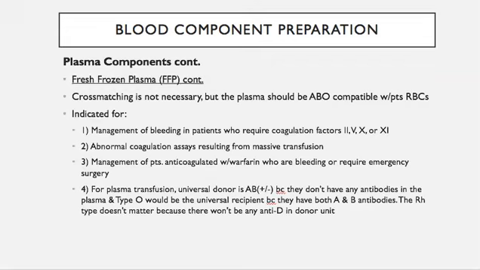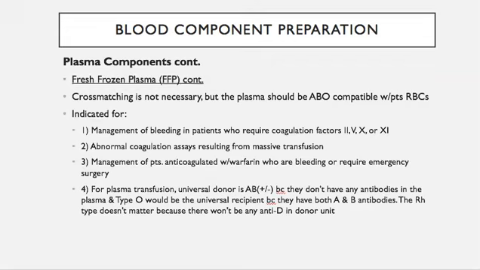FFP is indicated for management of bleeding in patients who require coag factors 2, 5, 10, or 11, if a patient has abnormal coag assays that result from massive transfusion, and for management of patients anticoagulated with warfarin who are bleeding or require emergency surgery.